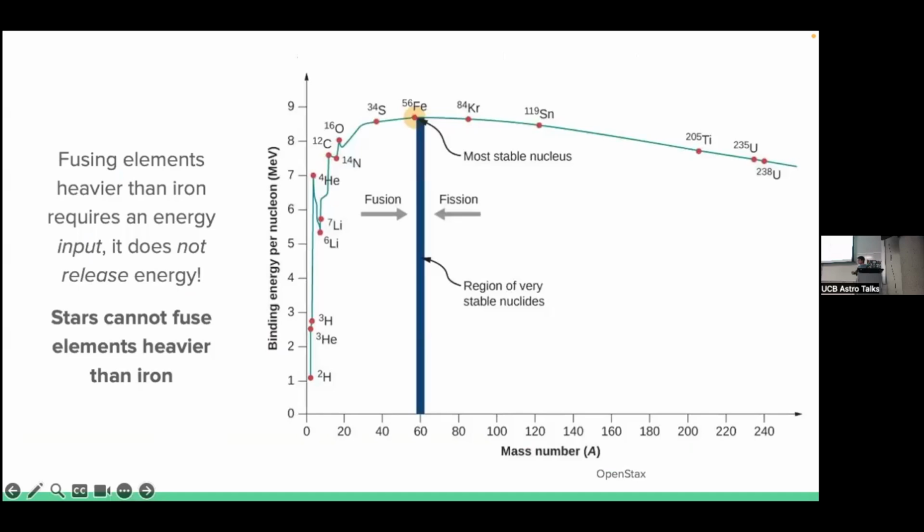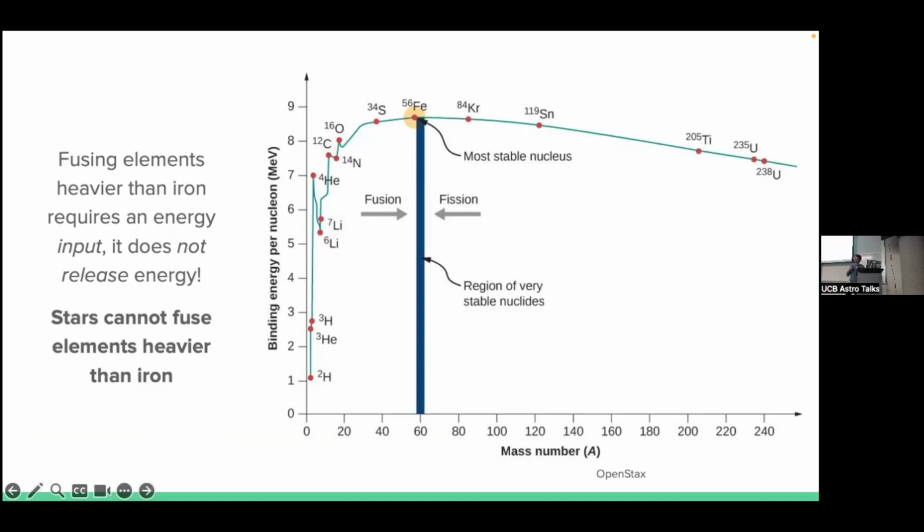I do just want to briefly touch upon why stars cannot fuse anything heavier than iron. It's because of this graph here, which shows, as a function of how many protons you have in an atom, how much energy is holding it together for a given number of neutrons and protons. You'll notice that sitting at that very peak is iron, which means it is the most tightly bound.